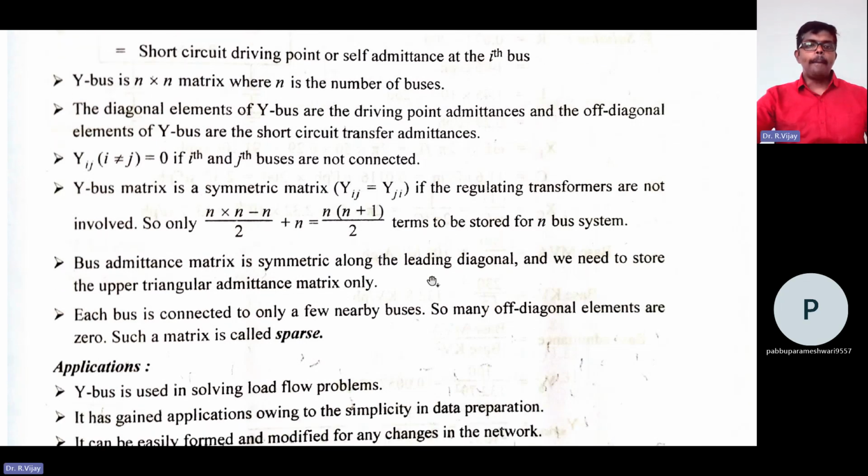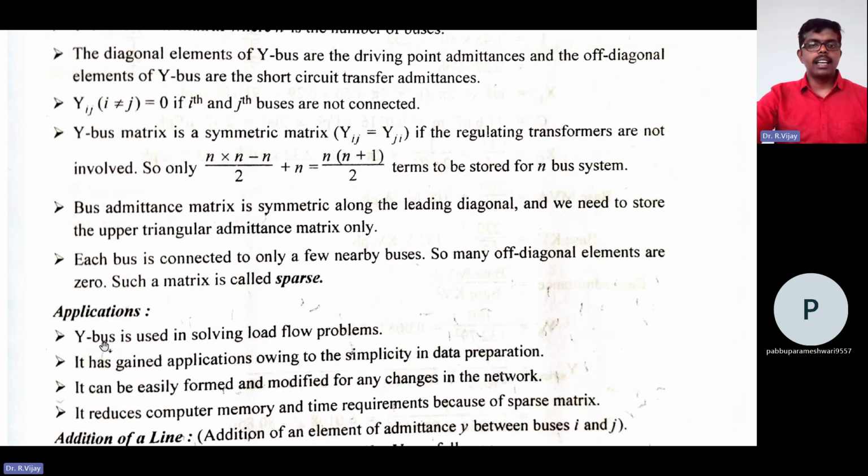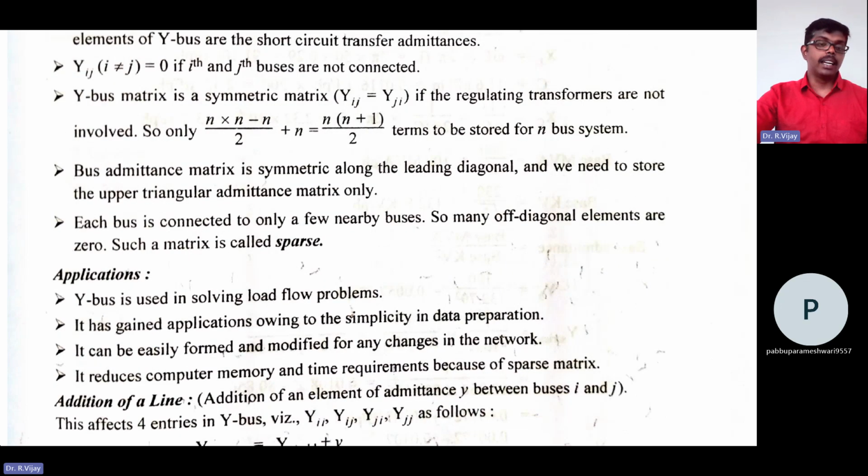Next, applications of this Ybus formulation. Ybus is used in solving load flow problems. As I said before, it gained applications owing to its simplicity in data preparation. If you go for this kind of Ybus formulation, the data preparation is very, very simple.